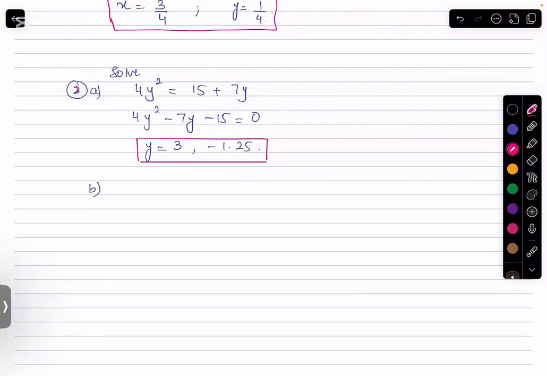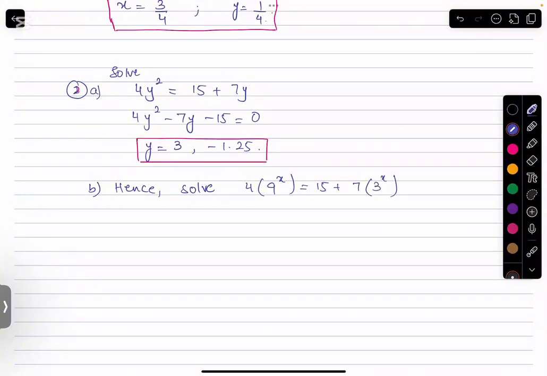Yes. चलो. Part B says, you have to solve, hence you need to use the answer, or I can say that hence solve for 9 to the power of x equals 15 plus 7 and 3 to the power of x.